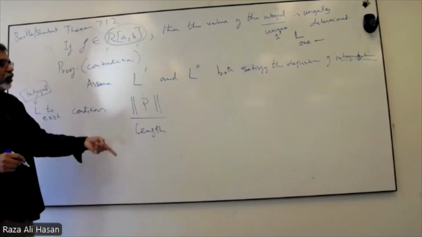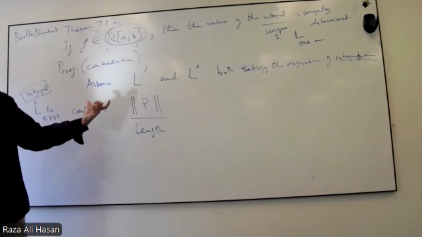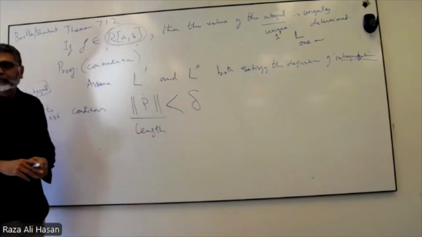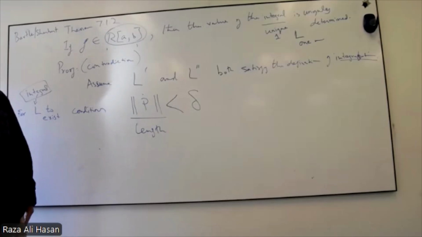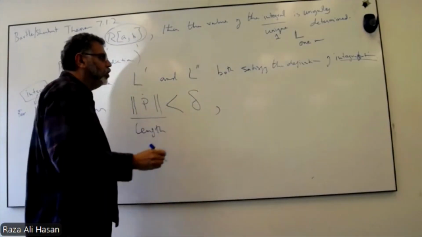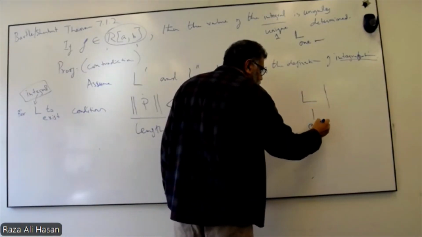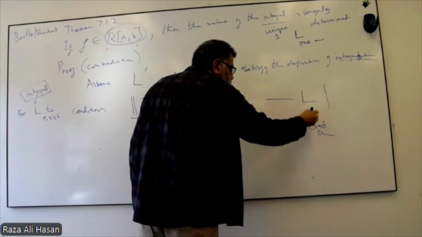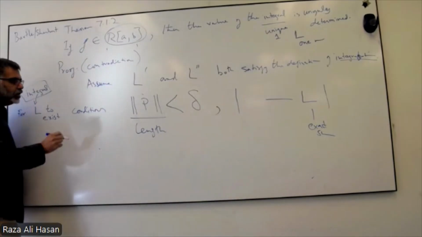So the length of the widest base of a rectangle better be less than this thing here, delta. So this condition has to be there. If this condition is there, and the second condition is where, so this is the exact sum. This will exist. The exact sum will exist, as in the integral will exist.